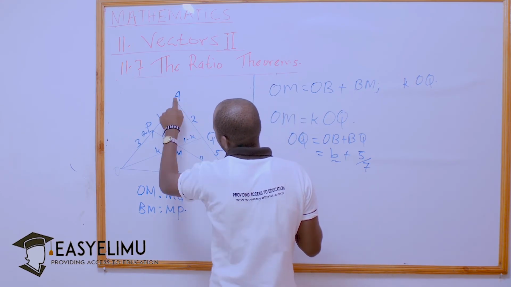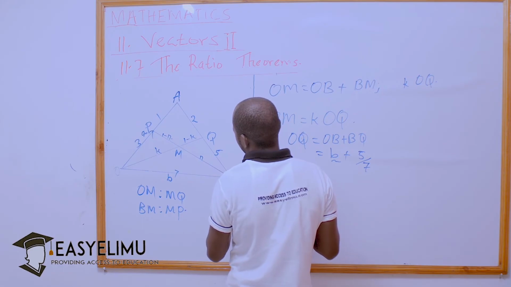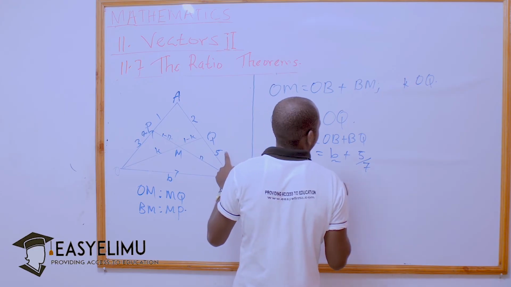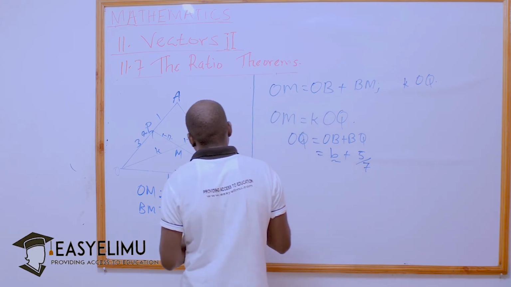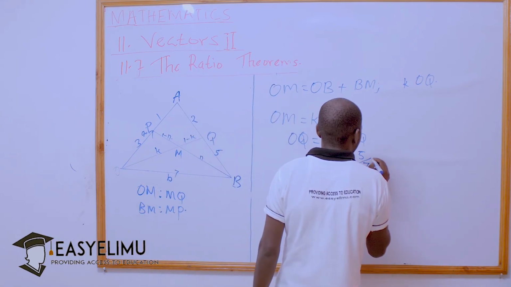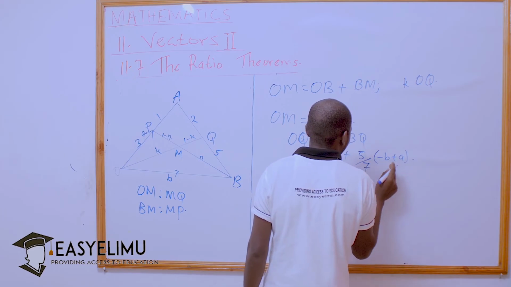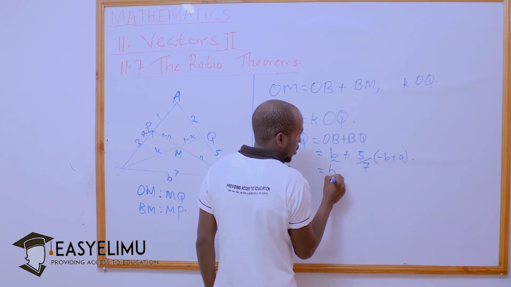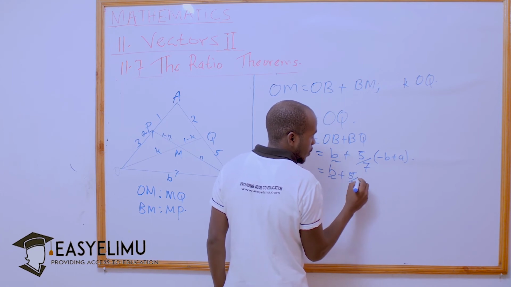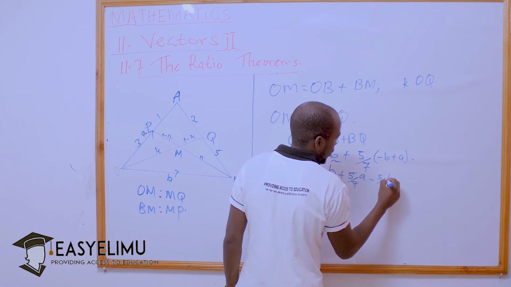And BA, we can still do it further and just take 5 for that, but let us just take that. BA will be BO plus OA, that is negative B plus A, and you find this one is going to be B plus 5 over 7 A minus 5 over 7 B.